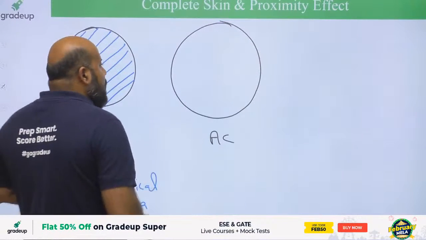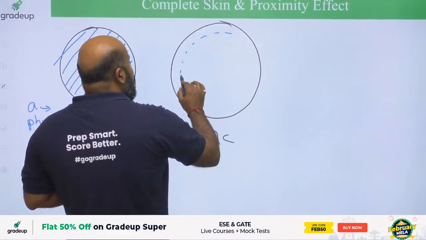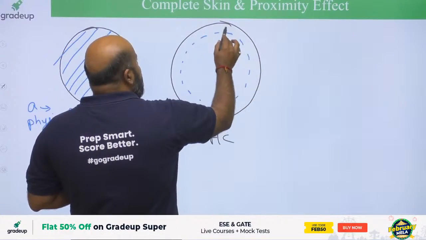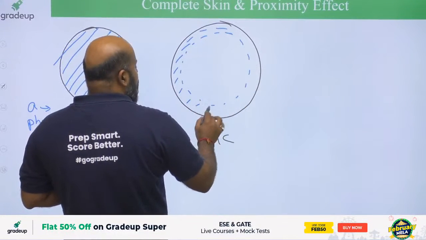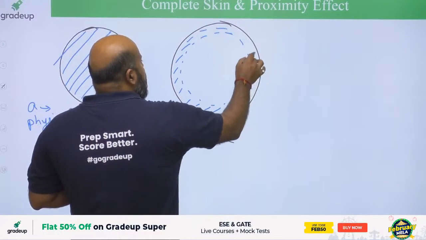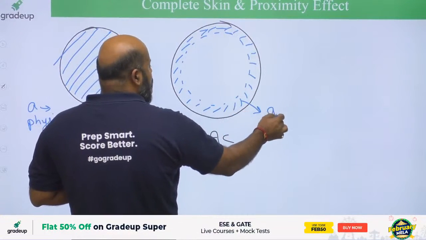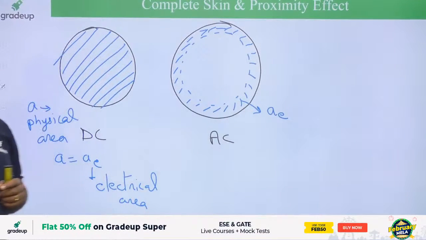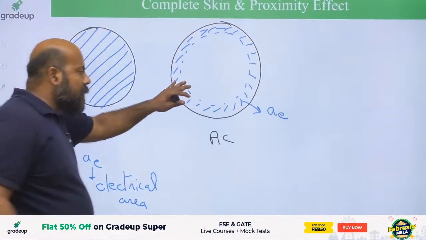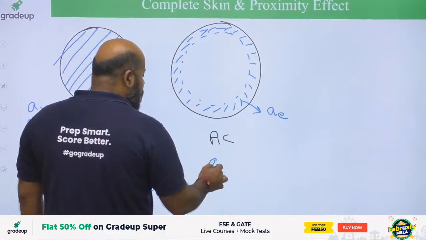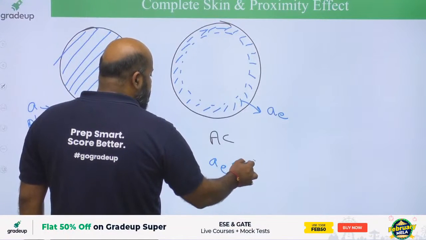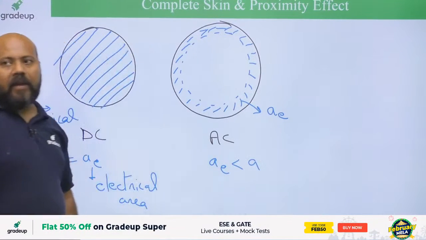But when you come to AC, alternating current is going to have time dependent flux. So there will be a tendency for the current to concentrate near the surface of the conductor only, and this area we define as the electrical area. And definitely for a conductor in which you are passing AC current, the electrical area is less than the physical area.